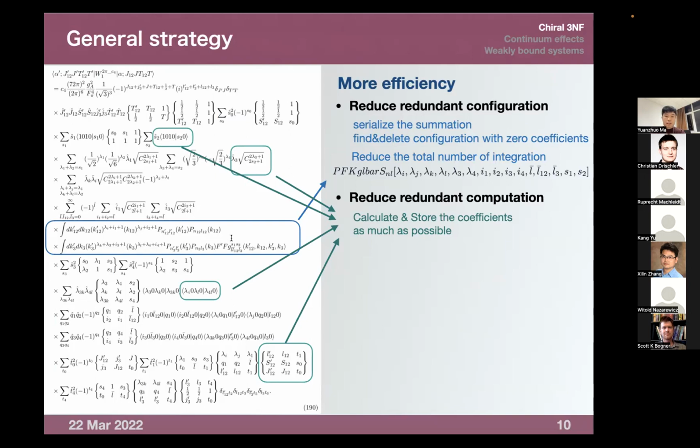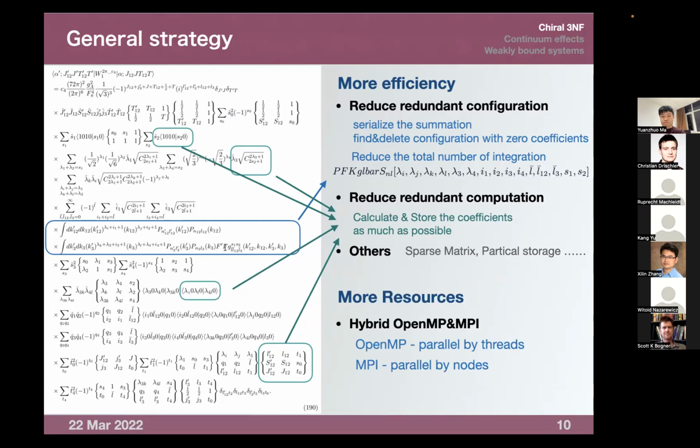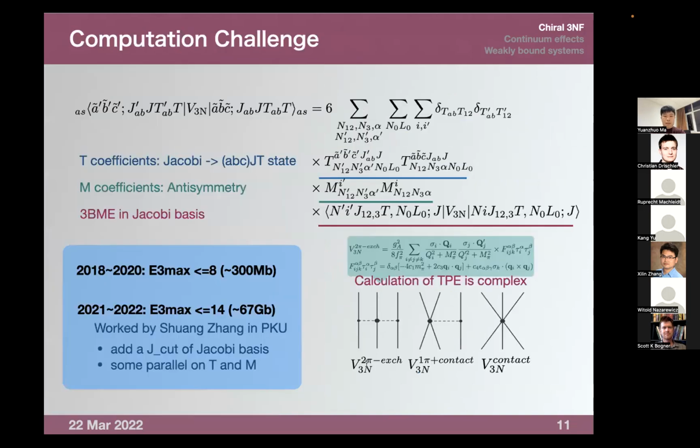A similar strategy can also be used in this high dimension integration. Of course, to use more computation resources, we adopted hybrid OpenMP and MPI to parallelize our codes.